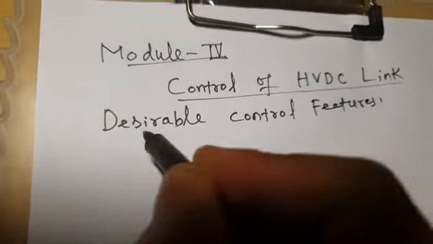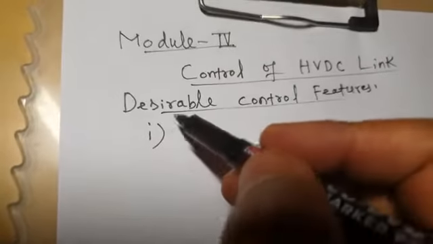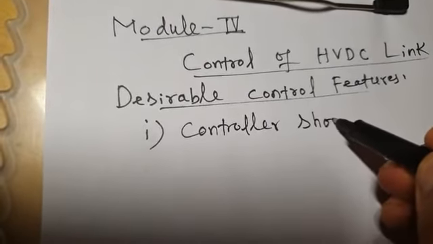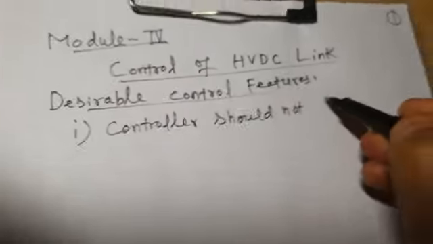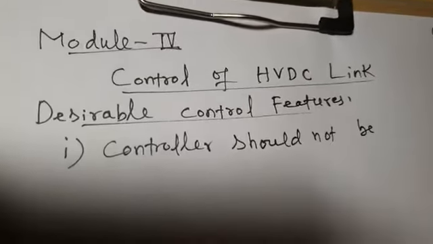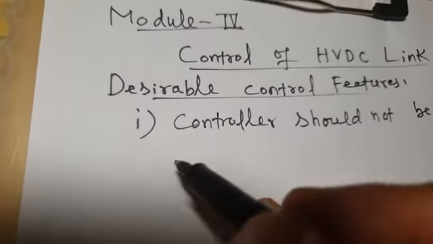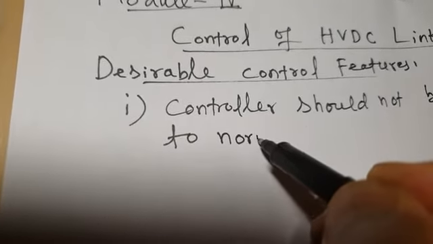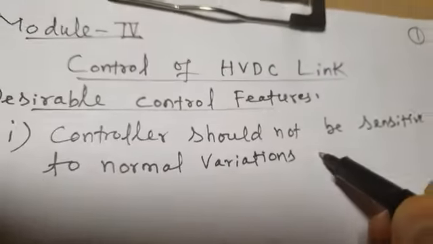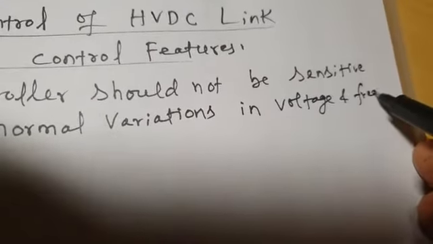So various desirable control features are: number one, the controller or control system should not be sensitive to normal variations in voltage and frequency.